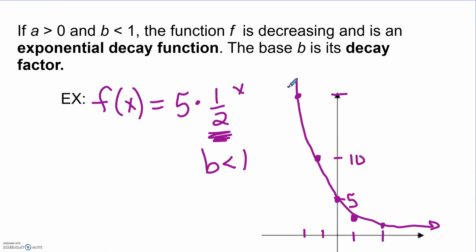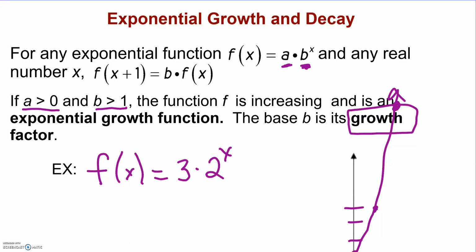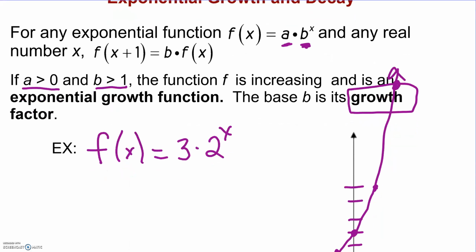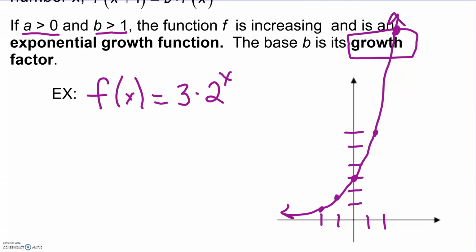Now, notice on this that you have some features of the graphs that are the same. For example, whether you have the exponential decay or, back on the previous page, the exponential growth function, they both have the x-axis as an asymptote.